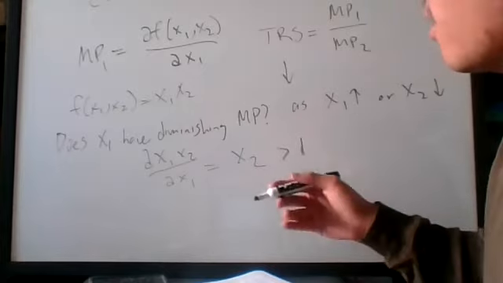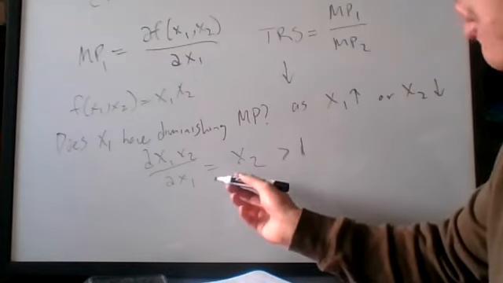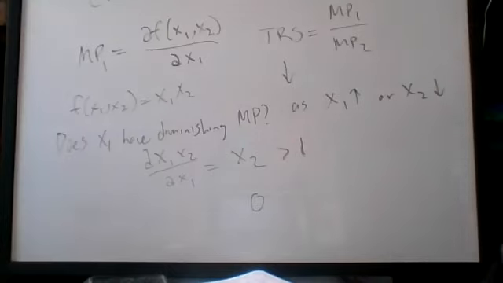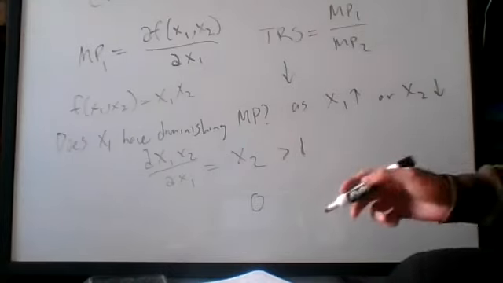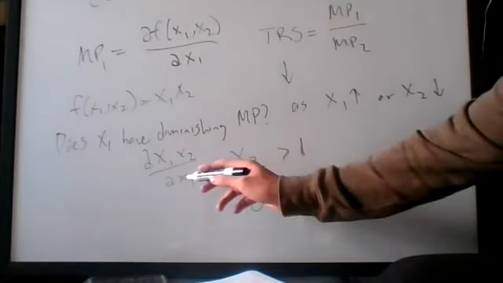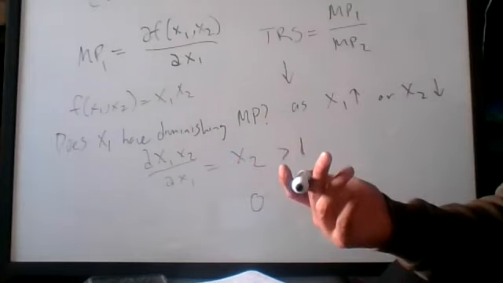But when you take the second derivative of this with respect to x1, this will be 0, right? Meaning that as you find the slope of it, you're no longer getting any sort of production with respect to x1.